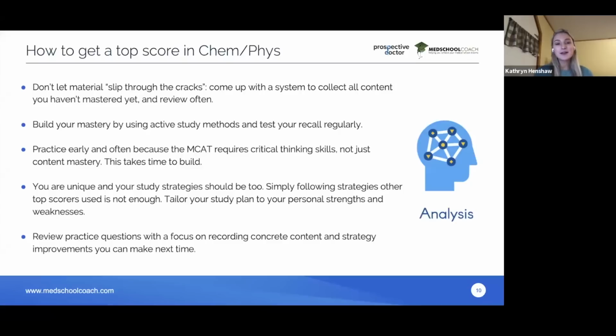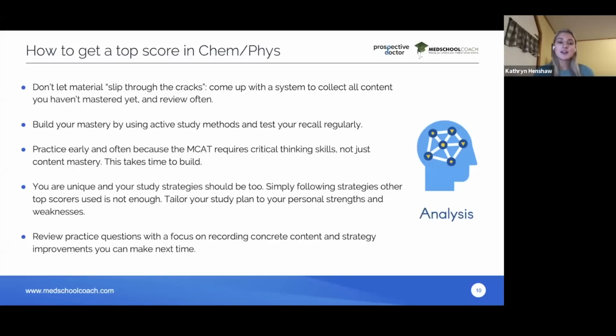The best way to build these masteries is to use active study methods, like saying things out loud, writing them out, anything that's not just reading it off a slide or looking at a flashcard that you've looked at 50 times already. These things will help you test your recall regularly, and you'll be able to work with the material and develop that mastery that you could use to then teach it to someone else.